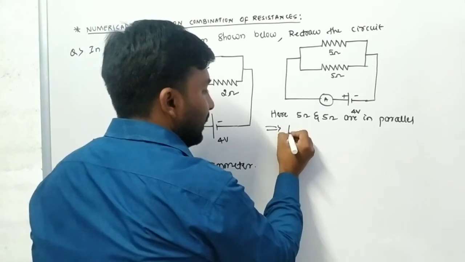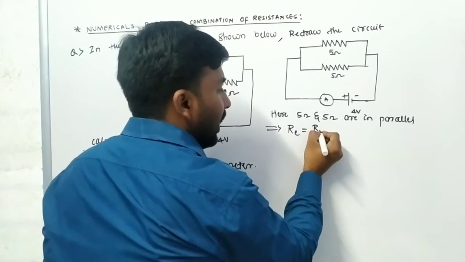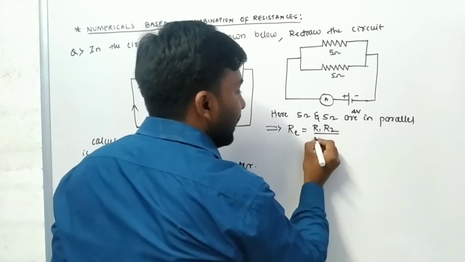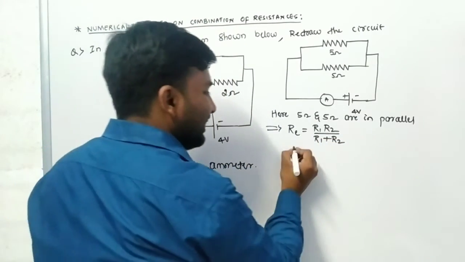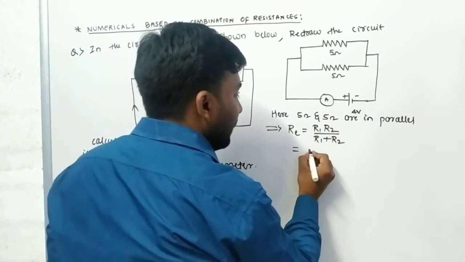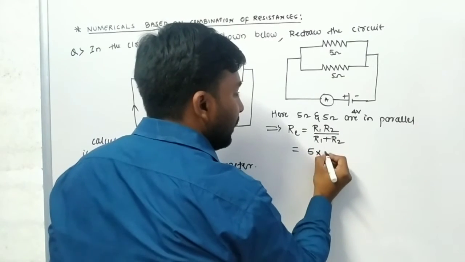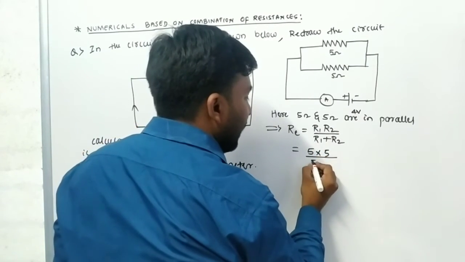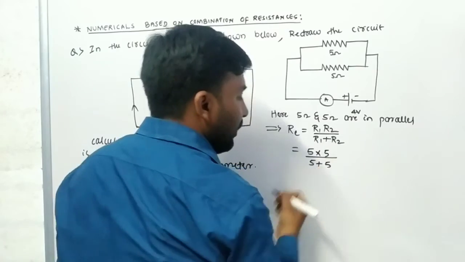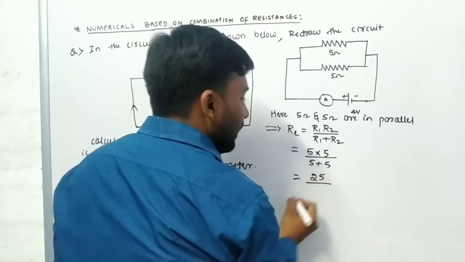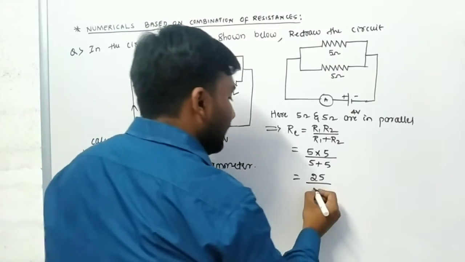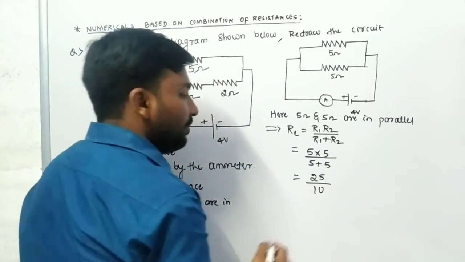This implies that R equivalent is equal to R1 into R2 divided by R1 plus R2. This is equal to 5 into 5 divided by 5 plus 5, 5 5s are 25 divided by 10.